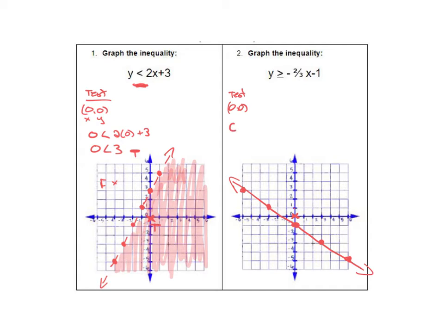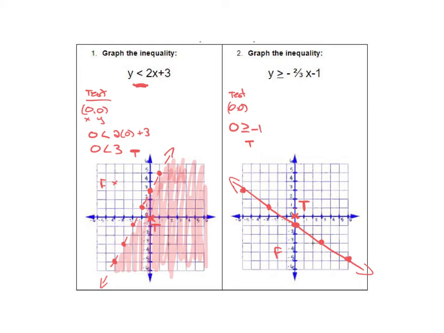So if we plug in 0, we know that negative 2/3 times 0 is 0, so the question is, is 0 greater than negative 1? It is greater than negative 1, so that's going to make this true. That's going to make this side true, this side false.